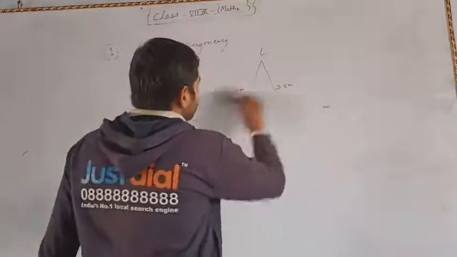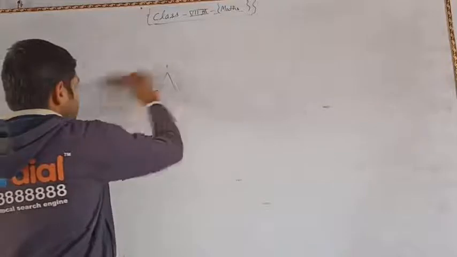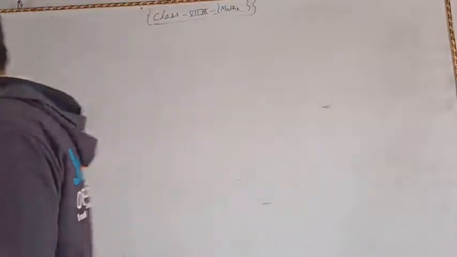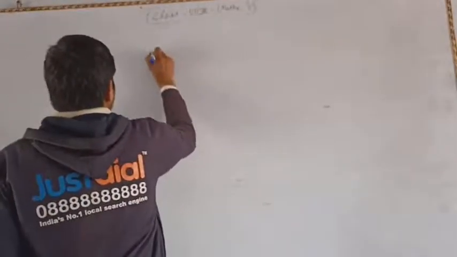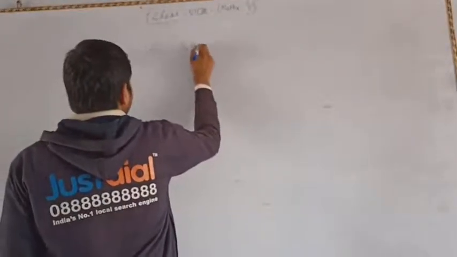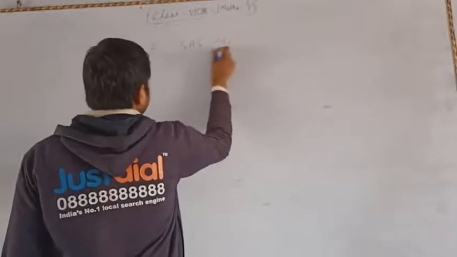Again, the second rule of congruency, the SAS rule of congruency: side, angle and side.